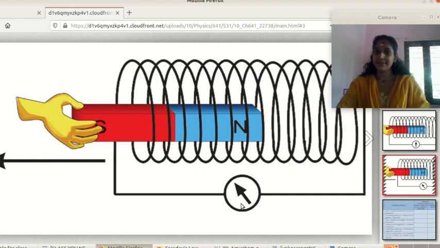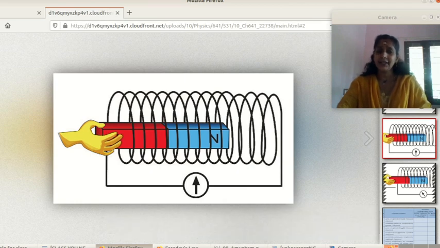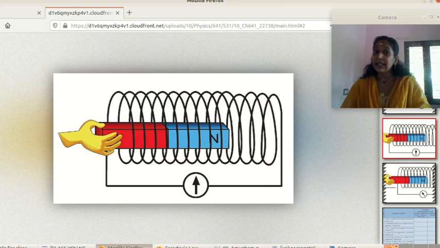The needle of the galvanometer deflects. When it is steady, when the magnet was not moving, there was no deflection of the galvanometer needle. When the magnet was stationary inside the coil, there was no deflection.